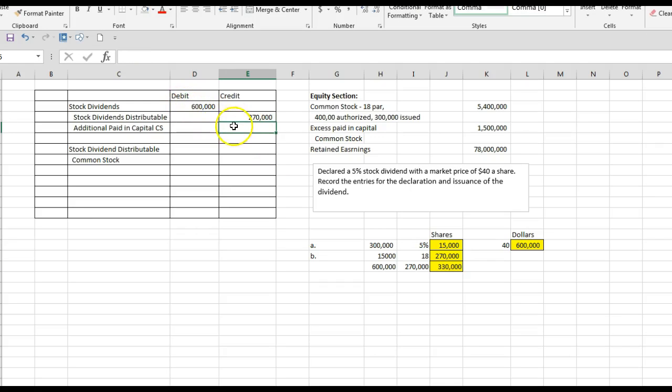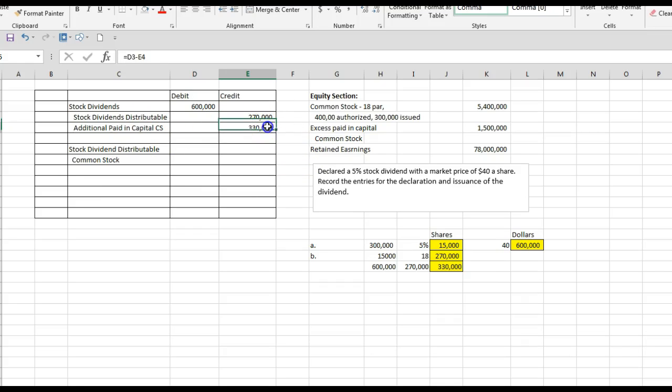Now, obviously, these two are not balanced. So that means I have additional paid-in capital. If I take the difference between those two, that will balance my first entry. So I have stock dividends of 600,000. The common stock that's going to be distributed is worth 270,000.